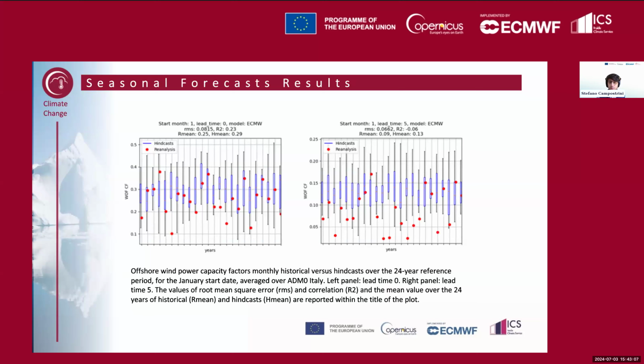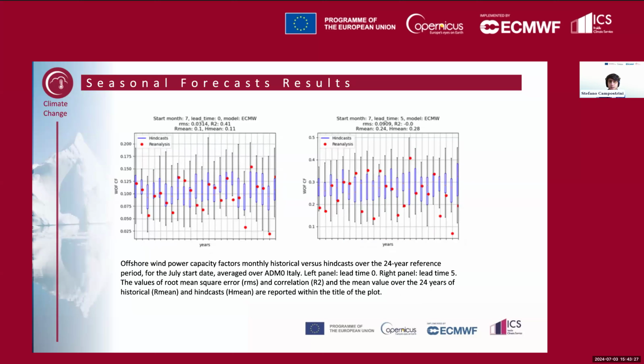The two slides I showed you before were for onshore wind power, and these are for offshore, and again, similar behavior. And we see especially that at the start month, the distributions are quite matching. And this one is for the start month of July, and lead time 0 and lead time 5.